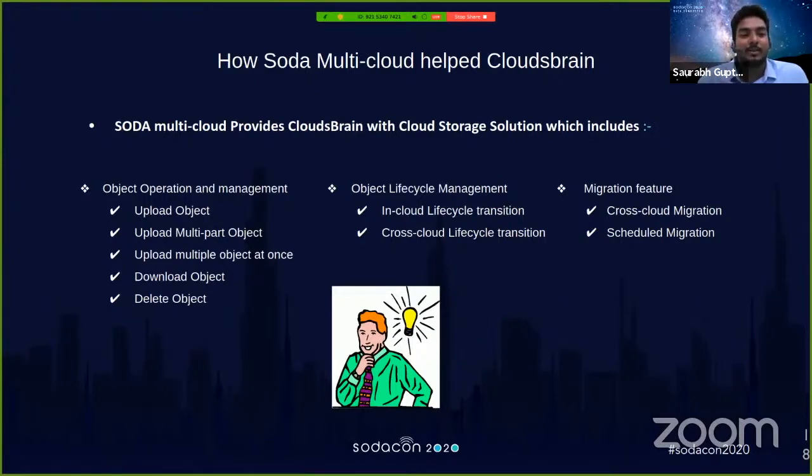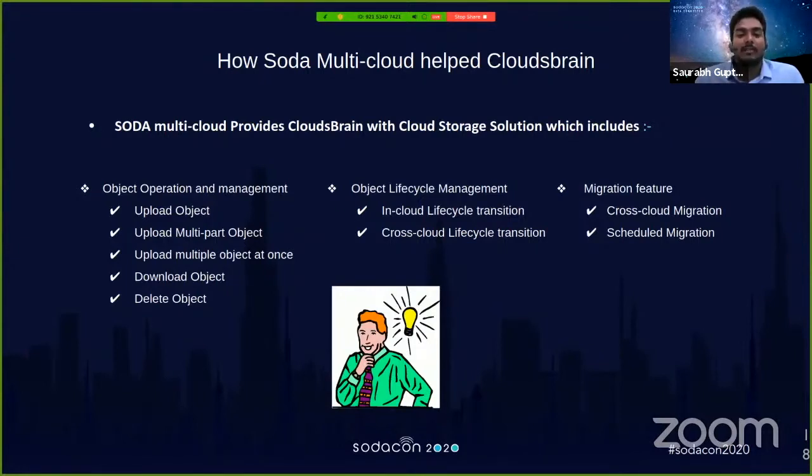So what has multi-cloud provided us? It has provided us with object operation and management, where you can upload an object, including multi-part upload, you can download the object, delete the object. And whenever we are talking about object storage, it is very important to use it optimally, as it can cost you a huge amount if you don't.